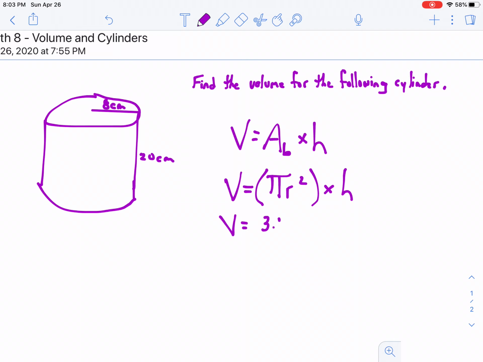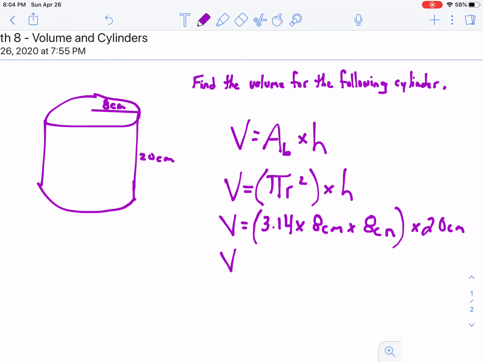Pi I know to be 3.14. R in this circumstance, as we decided when we looked at it before, is 8 centimeters. So it's 8 centimeters times 8 centimeters again, and all of that is an area. I'm going to take all of that and multiply it by my height of 20 centimeters.